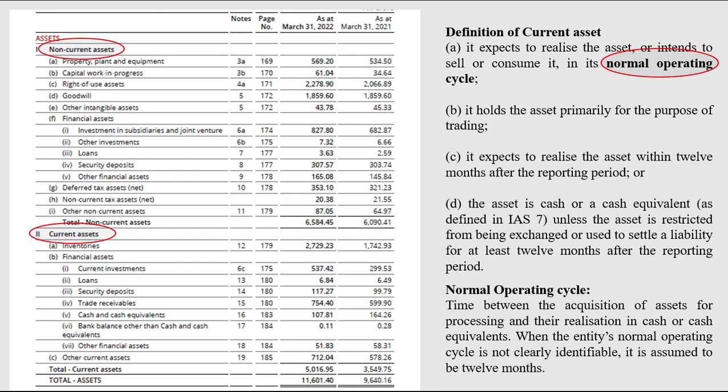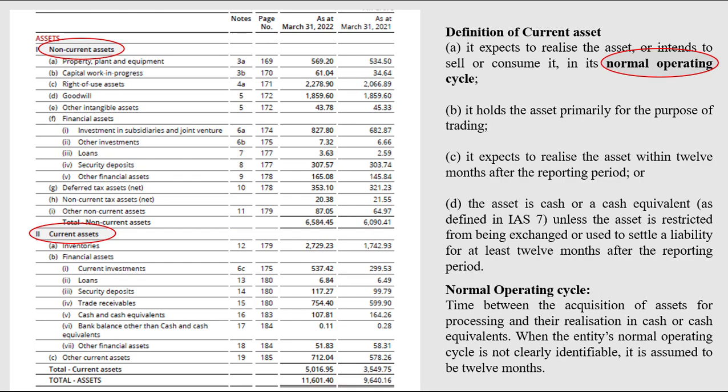So typically the time frame required. Even so, the peculiar point to note here is, even if the normal operating cycle is beyond 12 months, the asset balances will be classified as current only. You might be wondering, where exactly do I see a normal operating cycle beyond 12 months?